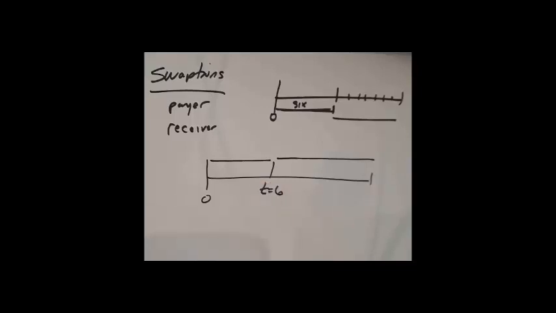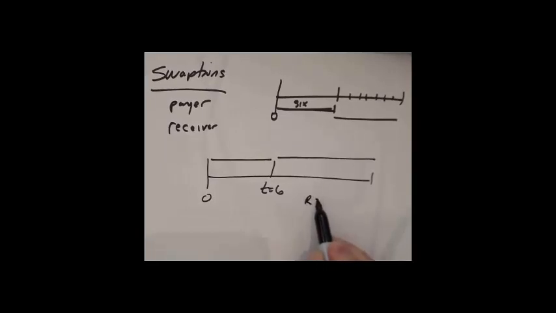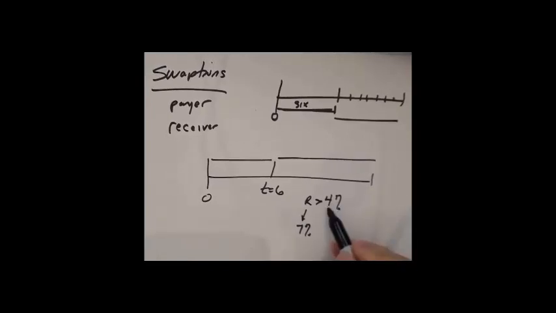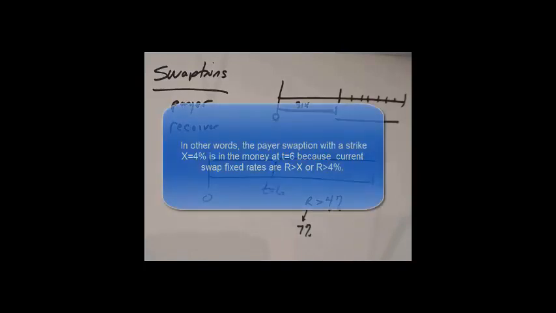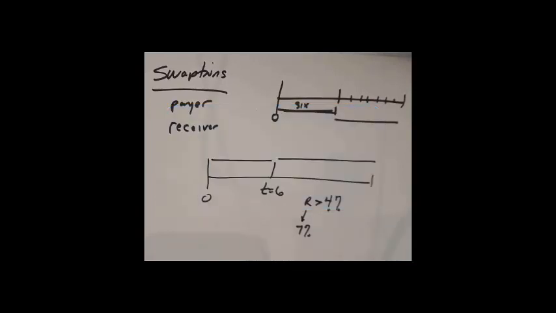Since the current R, which is 7%, is greater than the 4%, your exercise price, your swaption is in the money, and so you exercise the option. You flip into a swap where you pay 4%.